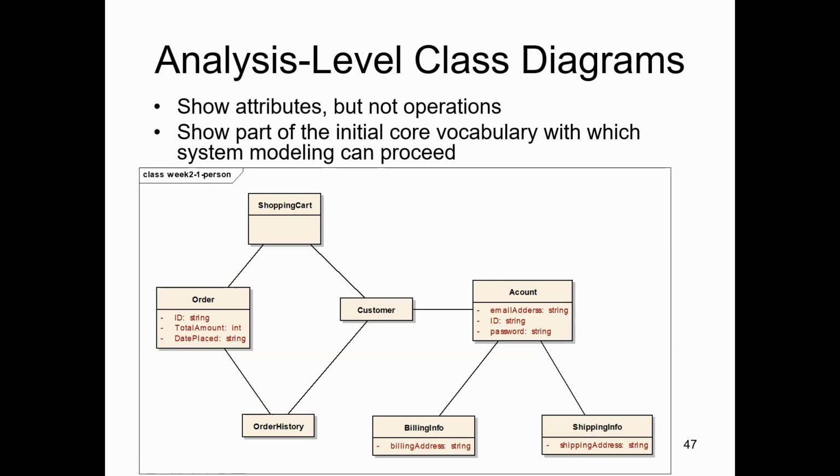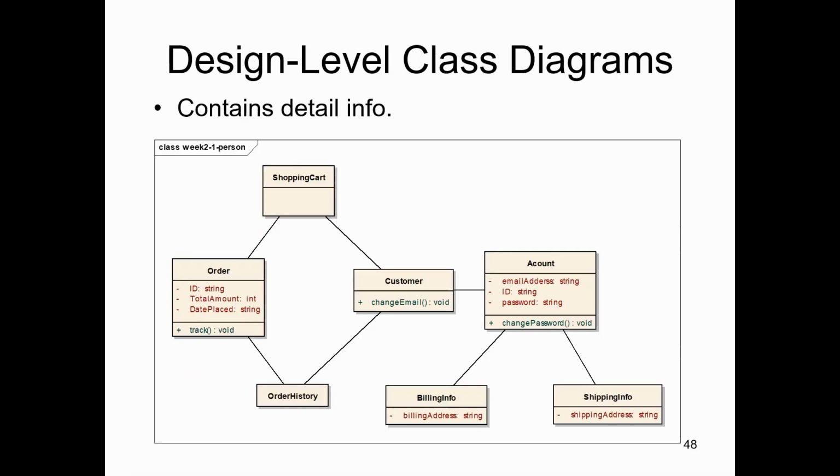So it's not just a name. The name tells what it is, and the attributes tell what more information other than the name this class provides. And then the detailed design will include everything.